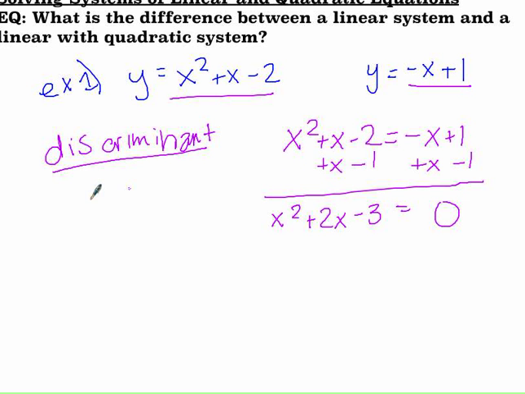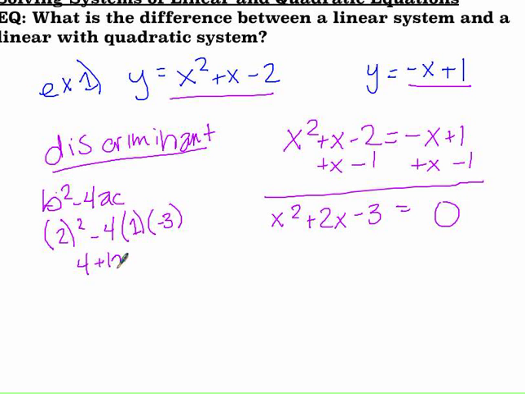Looking at this, we know that our discriminant is b squared minus 4ac. My b here is 2, so 2 squared minus 4 times a, which is 1, times c, which is negative 3. So I've got 4, and a negative times a negative becomes positive 12.